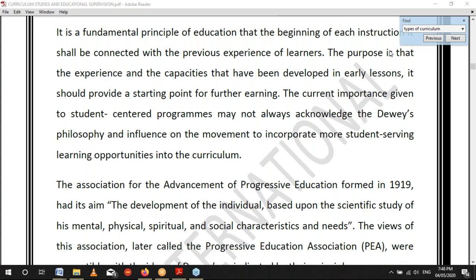It enables them to gain mental satisfaction on their classwork.